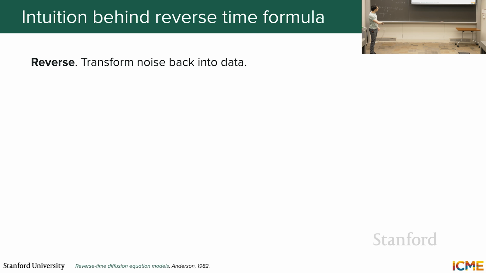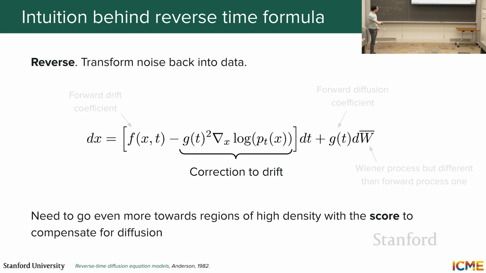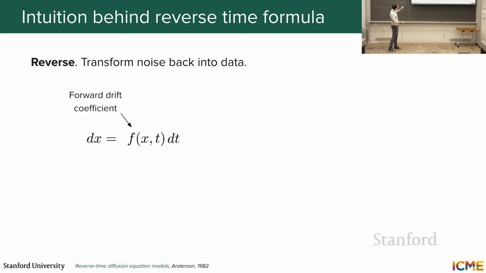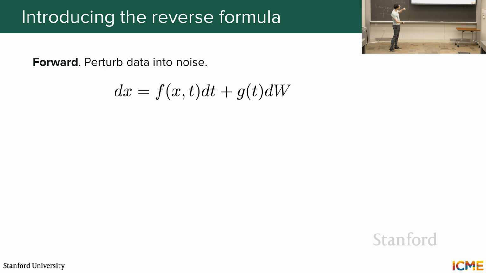And so now I want to walk you through what that reverse process equation is about. I told you that the forward process was composed of a drift term and a diffusion term. So it was dx equal to f of x and t times dt, which is the drift, plus g_t times dw, which is the stochastic term, the diffusion term.